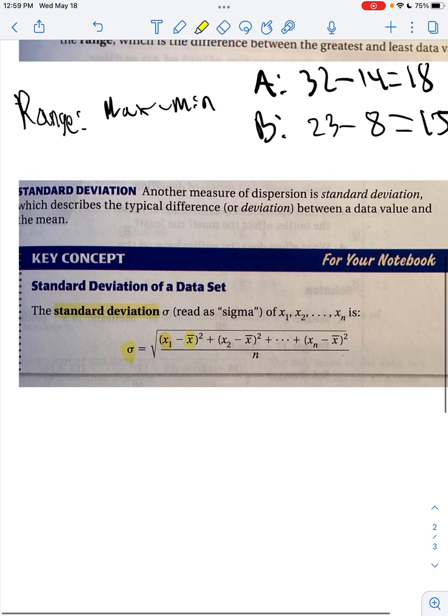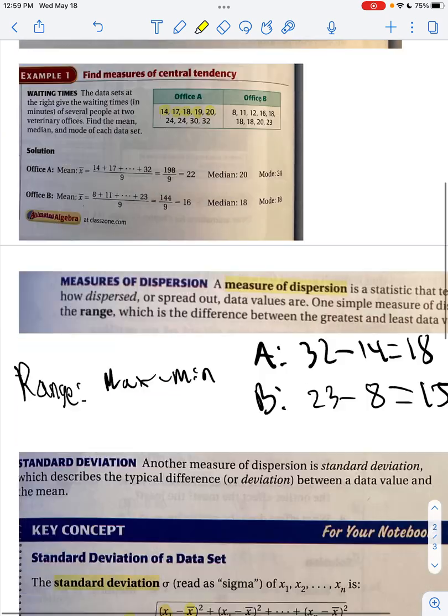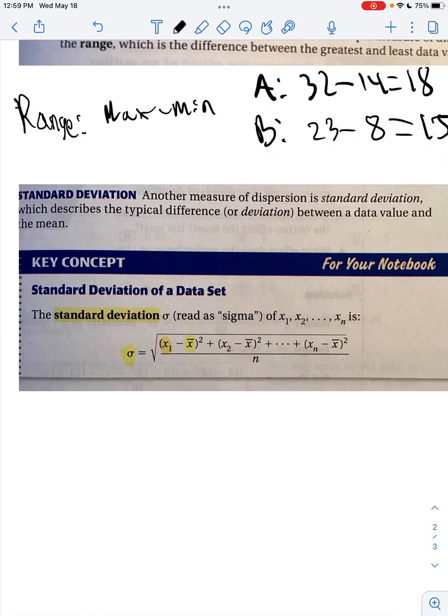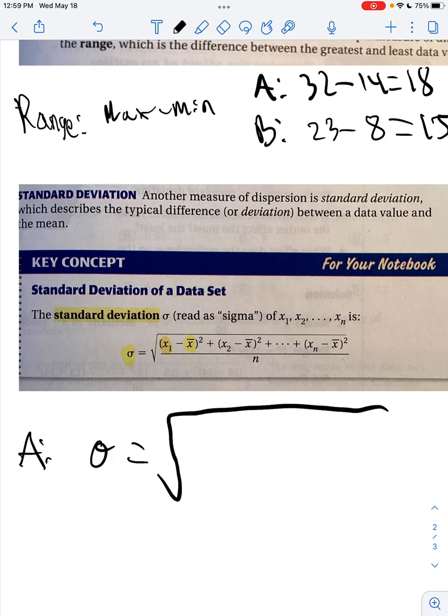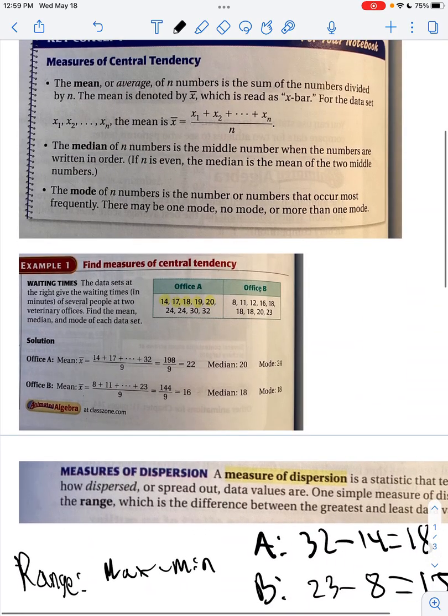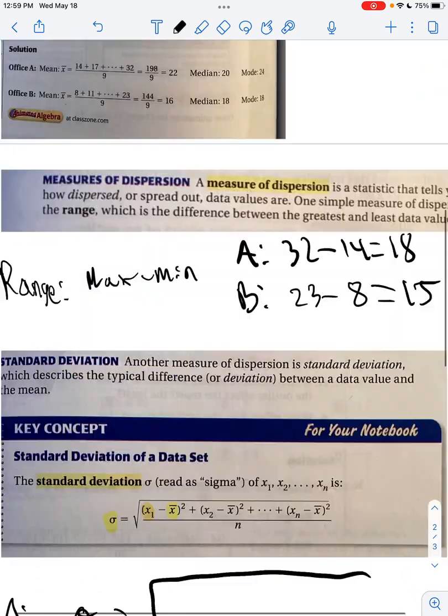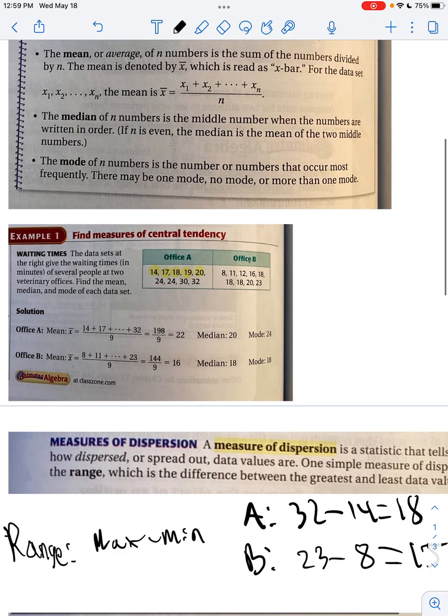So if we use that same data set that we've been using for Office A, to find the standard deviation, we're going to use this formula. 14 was my number, and my mean was 22.